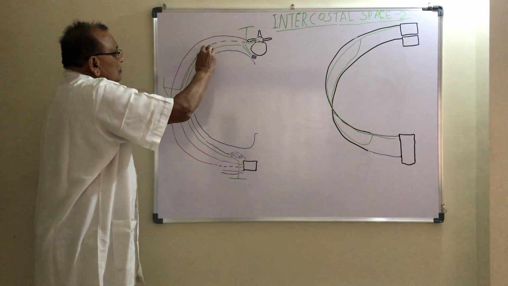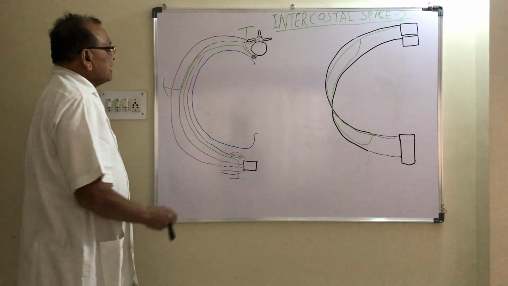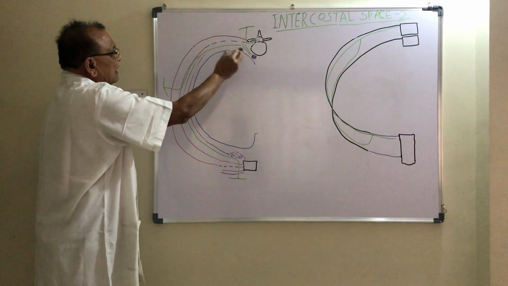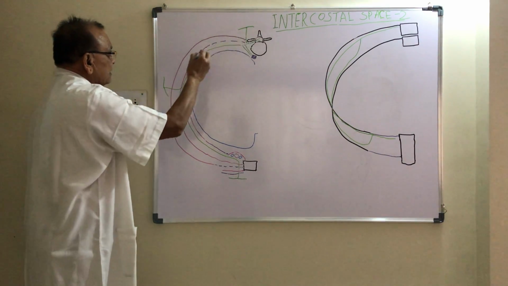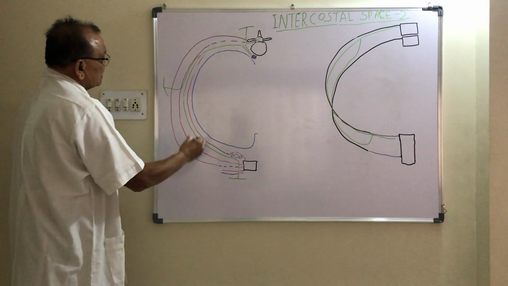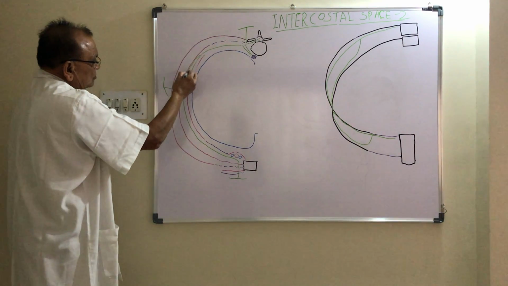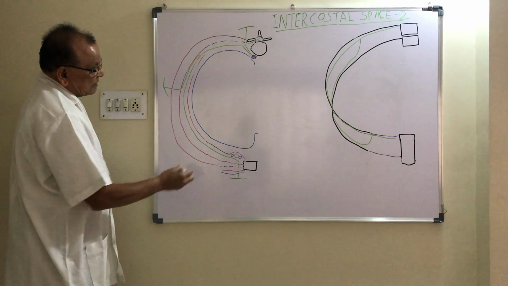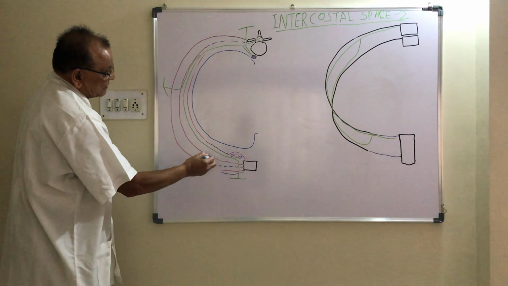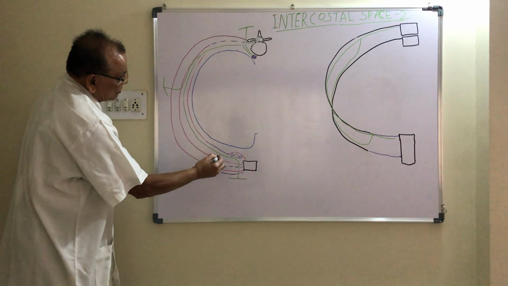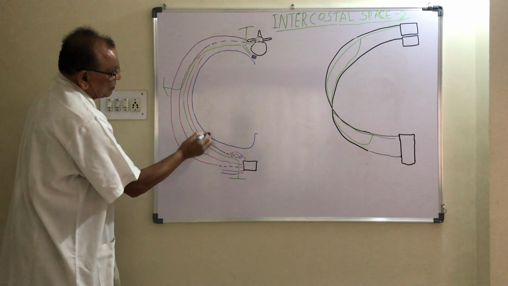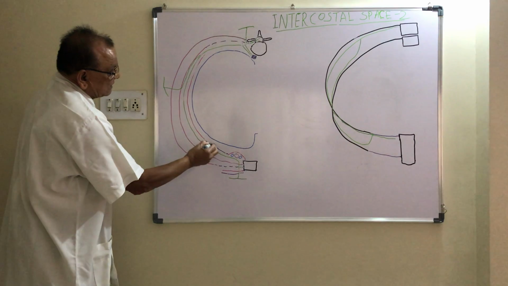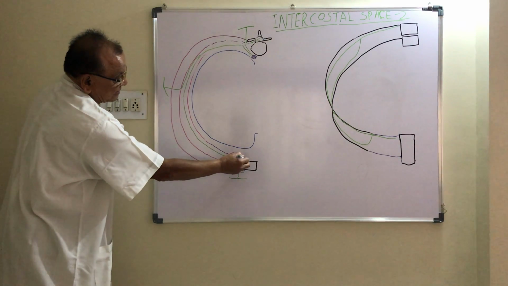In the groove, the nerve lies first between the pleura and the internal intercostal membrane. In the major part of the course, it lies between the internal intercostal muscle and the innermost intercostal muscle. Then it lies between the internal intercostal muscle and the fascia covering the innermost intercostal and sternocostalis.